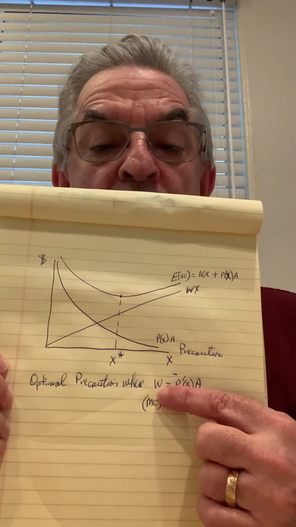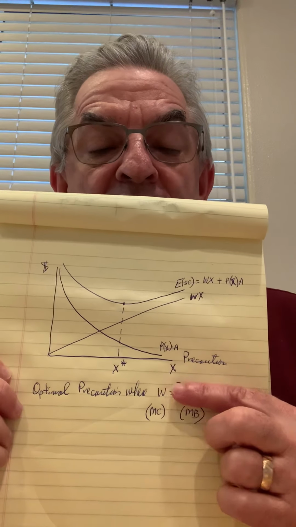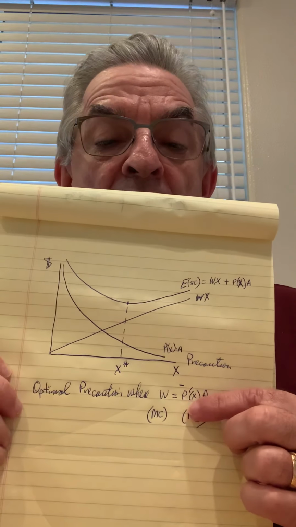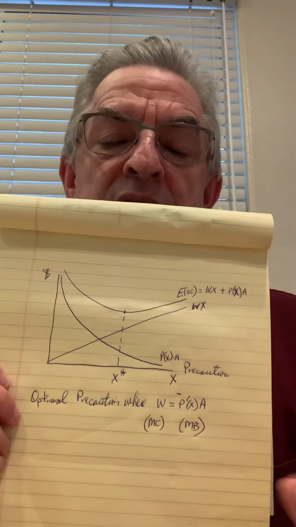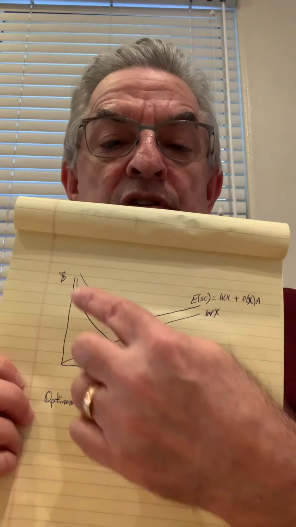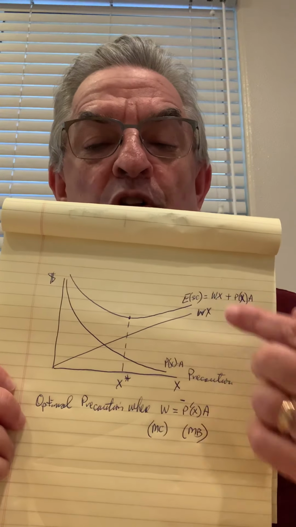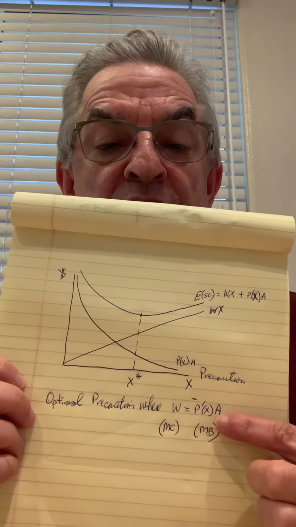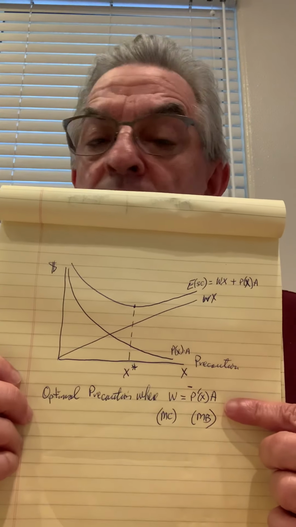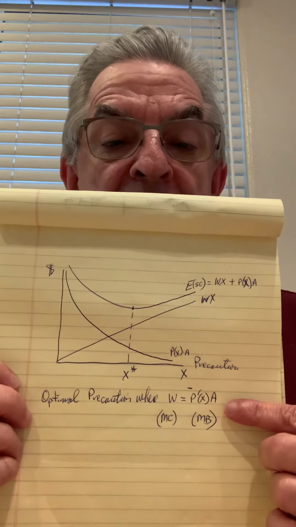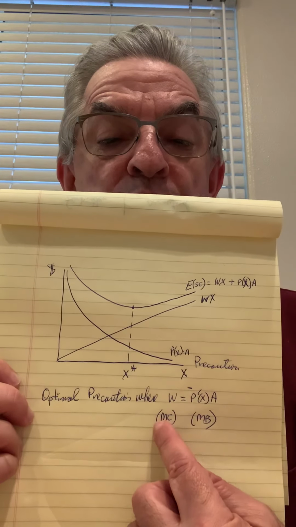It's going to be where W, which is the slope here, is equal to minus P prime of X times A, because remember, P prime of X, as X gets bigger, is negative, as you can see. This is downward sloping, this is upward sloping. So when we set those two equal, then we have identified the most efficient place to be, and W is really the marginal cost associated with precaution.